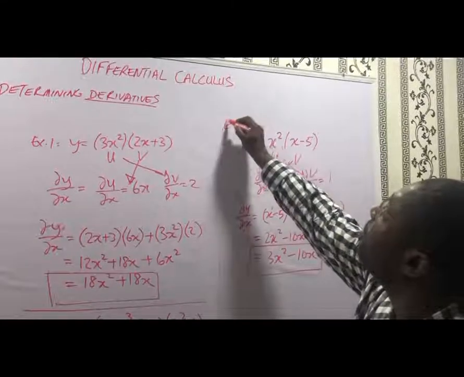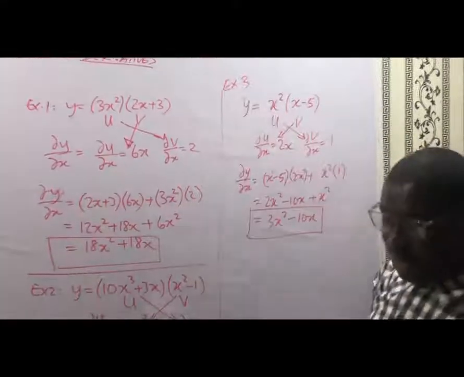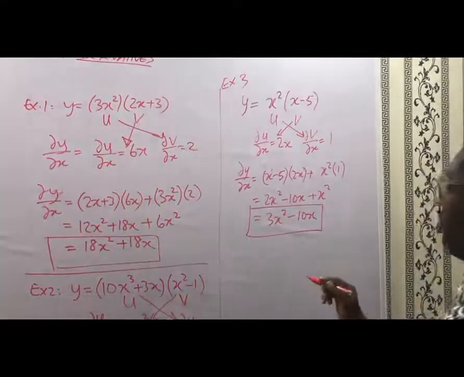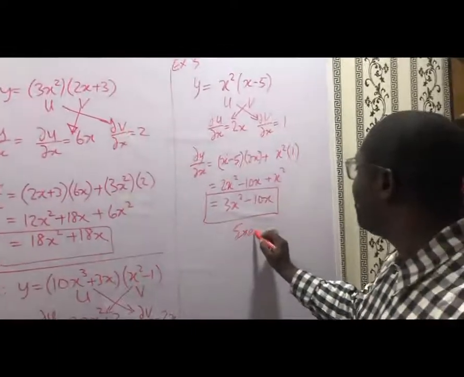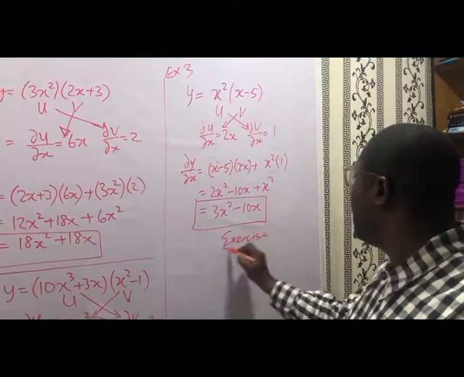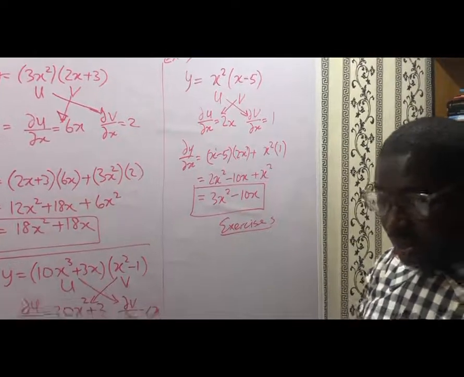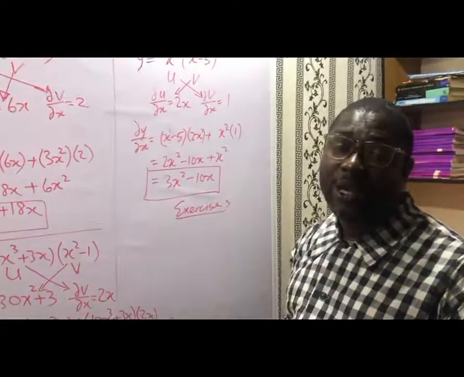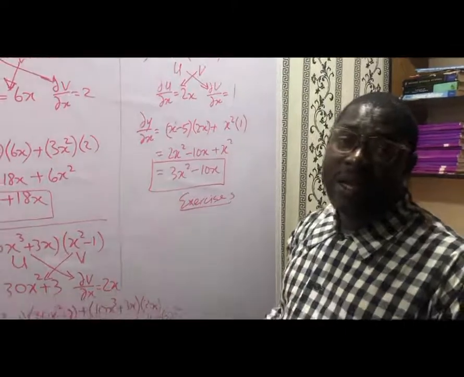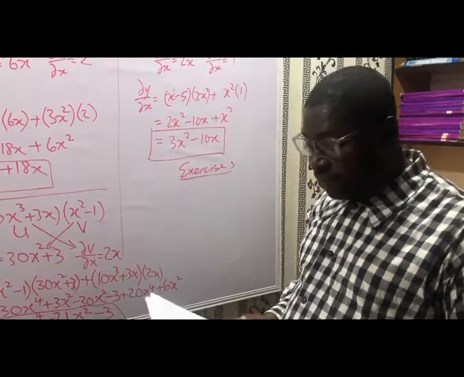This is example 3. Let me leave you once again with some exercises. Please do this on your own and report your answer at the next available time. I want to hear your answer. I want to see your answer in the comment section of this video.